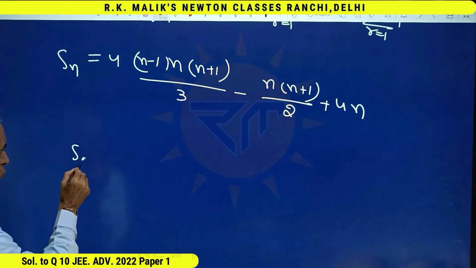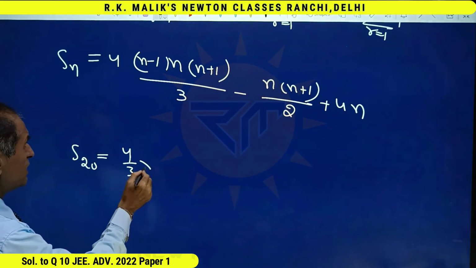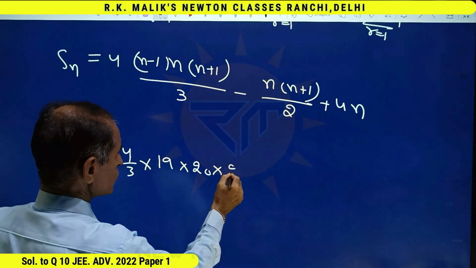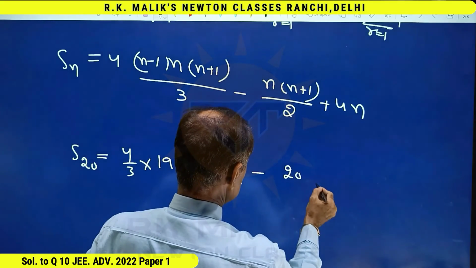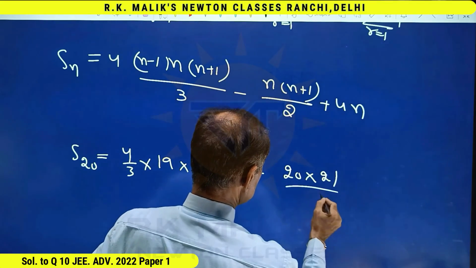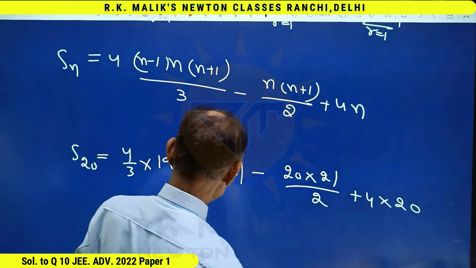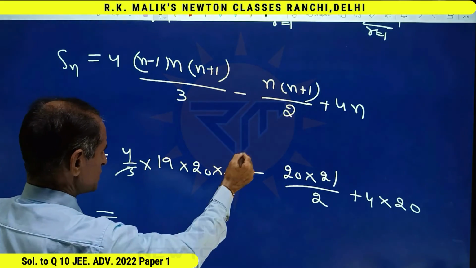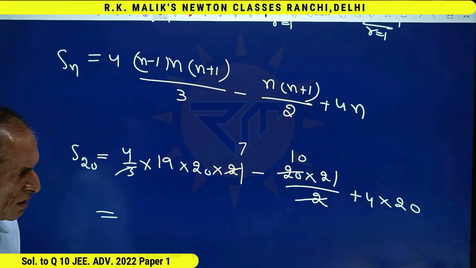The value of S20 will be equal to 4 by 3 into 19 into 20 into 21 minus 20 into 21 by 2 plus 4 into 20. 3 7 and 2 10.